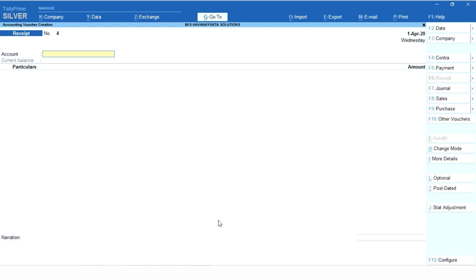Once you pass a transaction, you can use the page up option to see a transaction if it was just now passed and it is in a single entry system. If you want to see the same transaction in a double entry system, you can go with the change mode option.